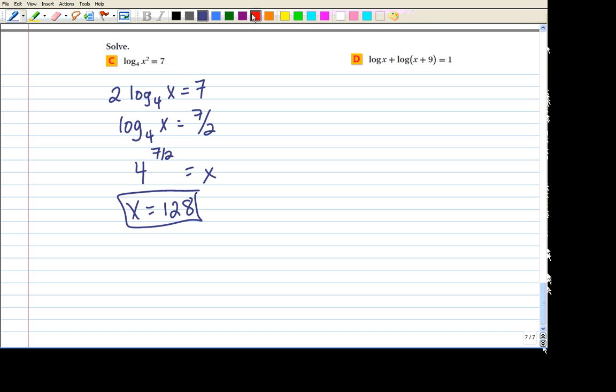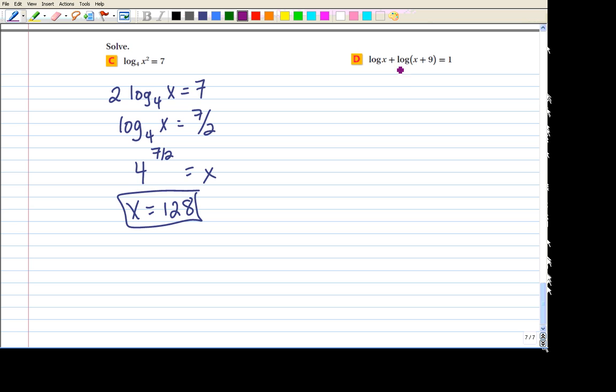And last one, log of x plus log of x plus 9 equals 1. So, different choices here. I've got addition of logs, so I could combine them by multiplying. I could raise them to whichever power matches my base. Really, you have choices here.